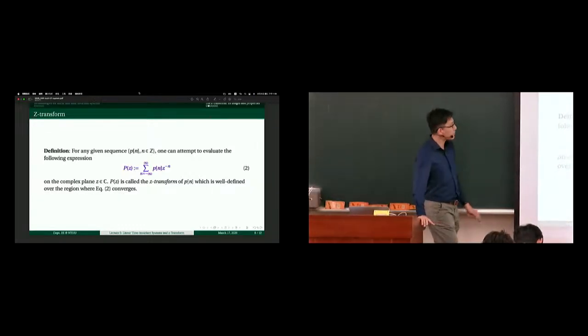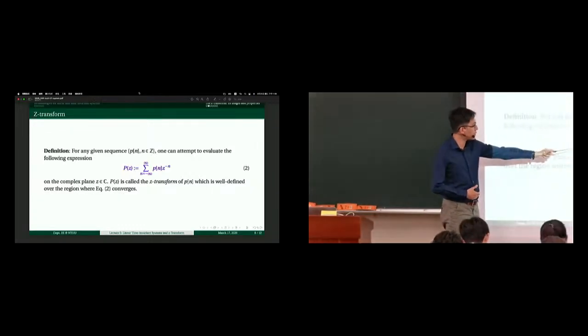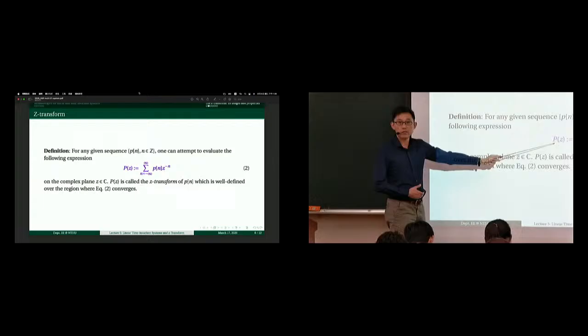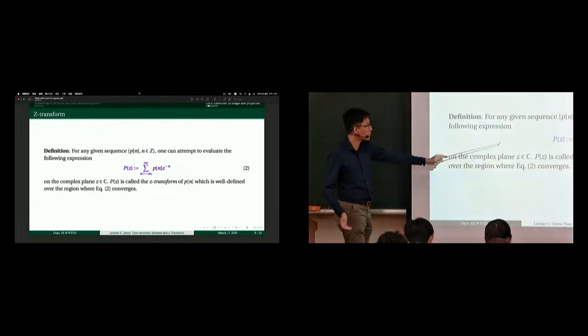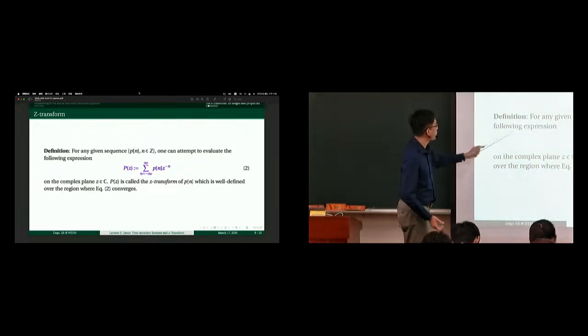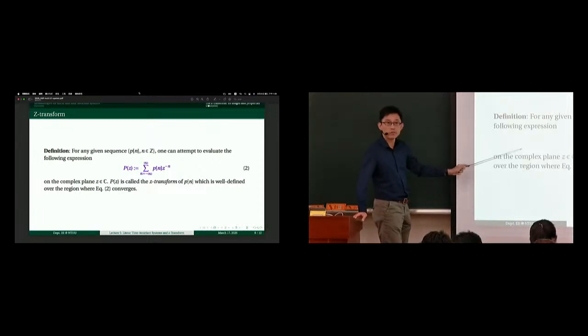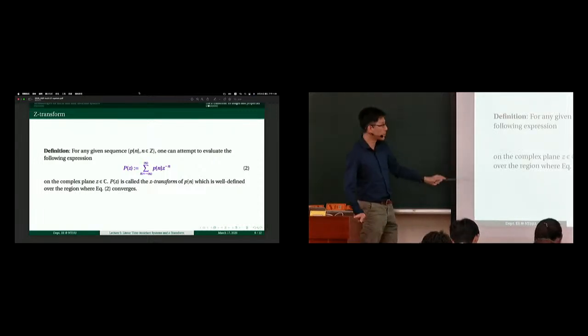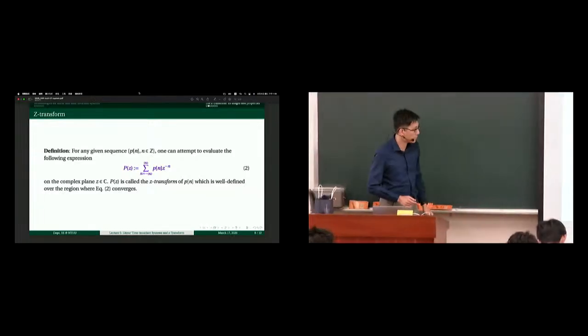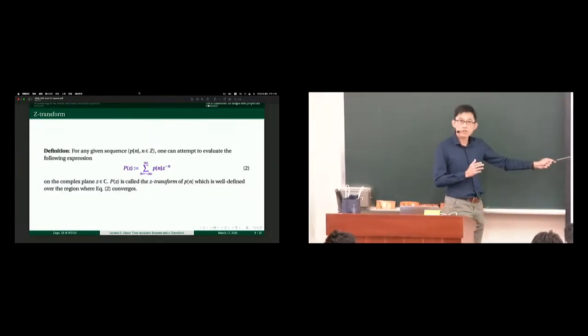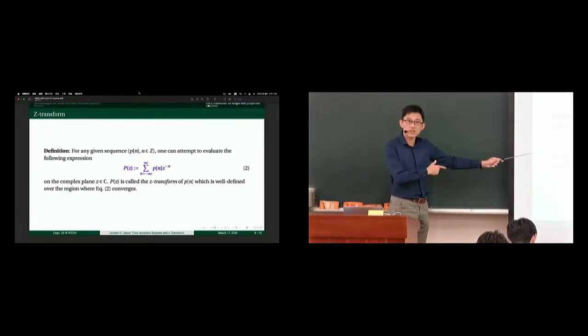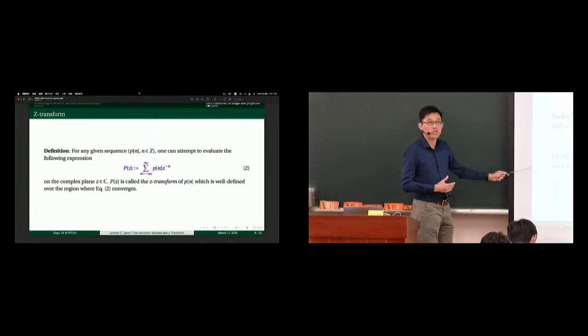But that being said, expression-wise, this is a definition. There's no doubt about that. It is an expression that we can attempt to evaluate. Sometimes it diverges, sometimes it converges. There are different criteria, so we'll be taking a look at that. So far so good? We have an expression we can try to evaluate, but there's no guarantee that it converges everywhere.